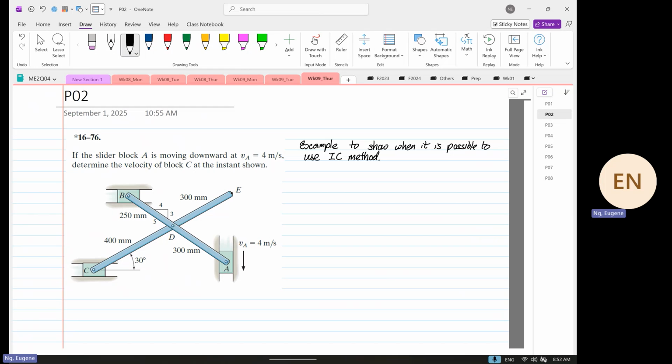So you guys have seen this problem. This is the first problem we talked about. So now we are going to use the instantaneous method.